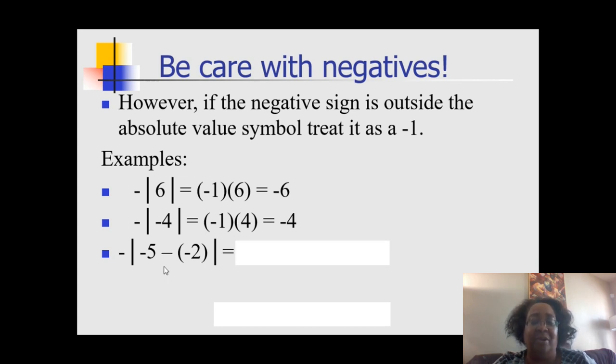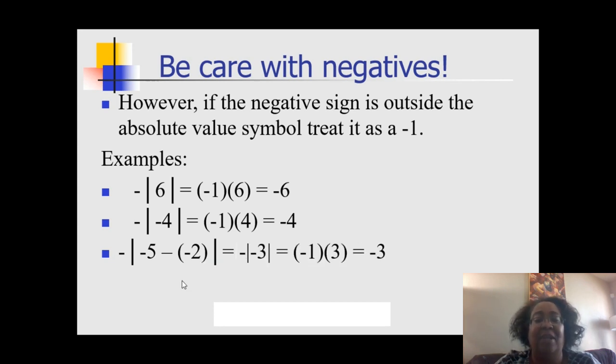Well, we know with our integer rules, anytime you're subtracting an integer, you need to take plus its opposite. So this is the same as -5 plus a +2. Well, if I'm -5 and then I go plus a +2, I'm going to end up with a -3. But we know because that -3 is inside of the absolute value, it's really a +3.